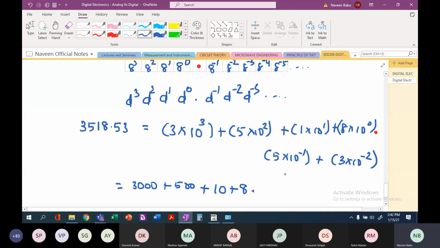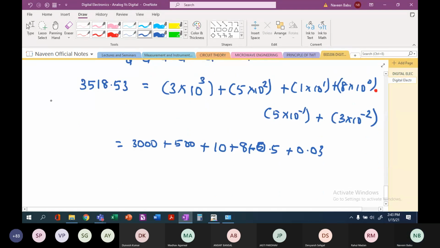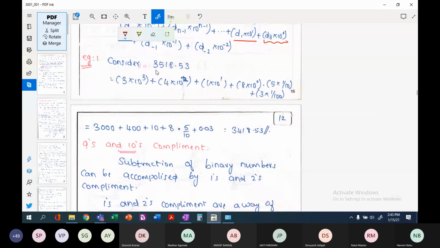Then 5 into 10 power minus 1 is 5 divided by 10, which is 0.5, plus 3 by 100, which is 0.03. Now when you add all these things, you will get the same value, 3518.53. So this is how you write the decimal equivalent in terms of positional weights.